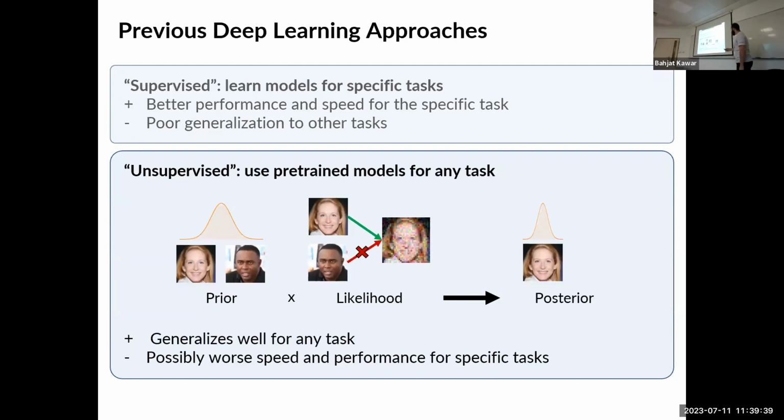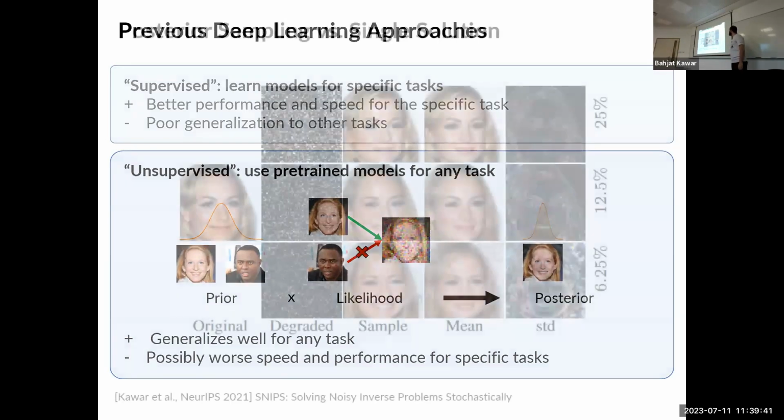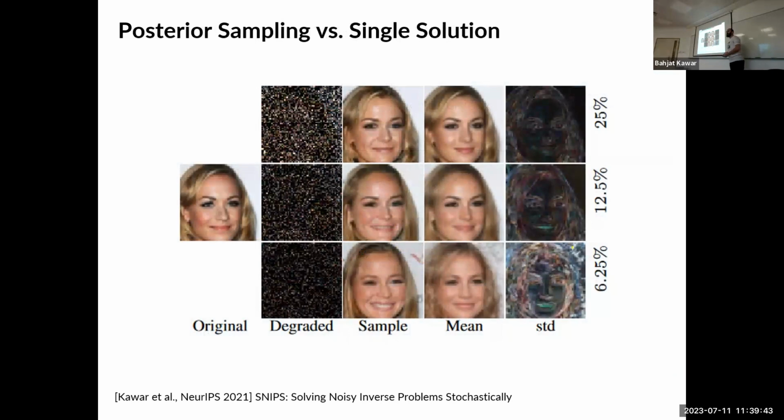All right. So I promised to talk about the regression to the mean problem. This is a figure from my second paper, SNIPS, which we're going to take a little out of context. What we have here is our original image, which we pass through a compressed sensing pipeline. We project it into a random space, and then we randomly draw a certain percentage of the data.